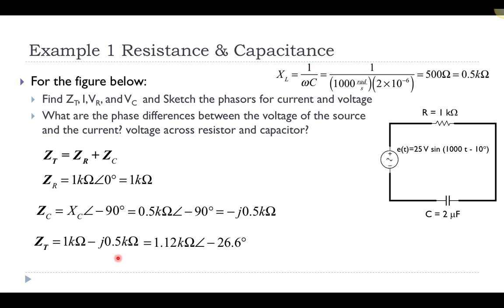I can take that complex number and convert it into polar form by taking the square root of 1 squared plus negative 0.5 squared, and I get 1.12. And I can figure out what this angle is by taking the inverse tangent of negative 0.5 over 1, and I get negative 26.6. So this resistor and this capacitor are equivalent to a single total impedance that has a value of 1.12 kiloohms and an angle of minus 26.6 degrees.